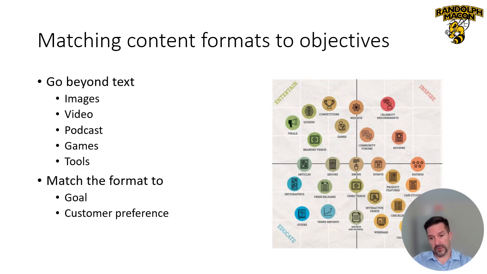So if you're using social media, which we're going to discuss at length later, the platform is going to dictate to a large degree what kind of content you're going to use. So if you're on Instagram, it's most likely going to be a picture plus some text. If you're on YouTube, more likely it's going to be a video and maybe some text.